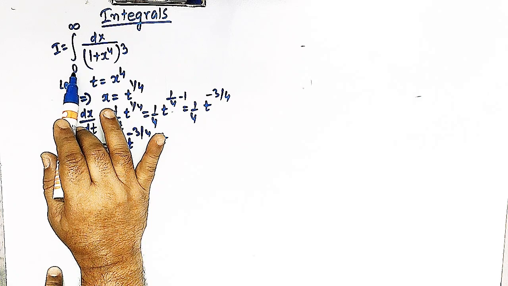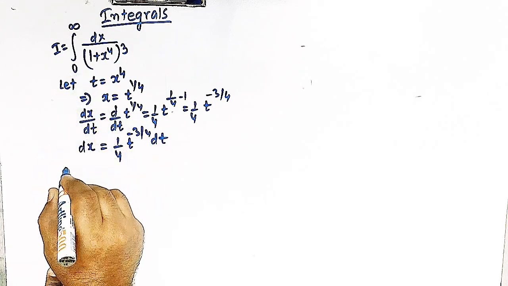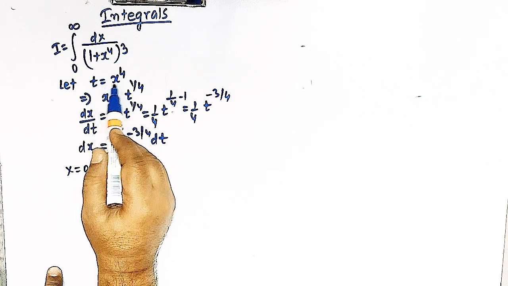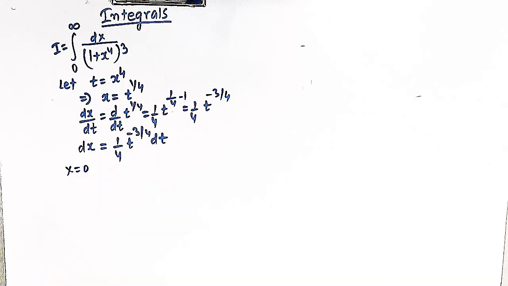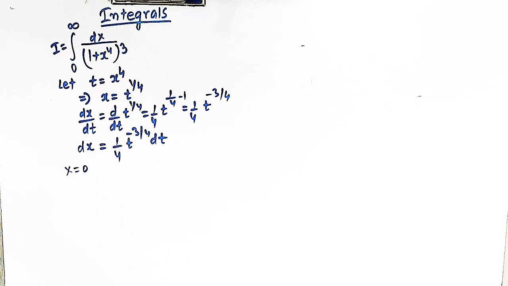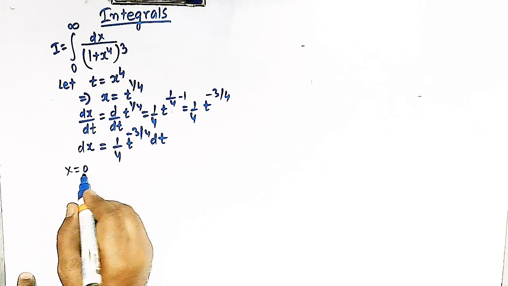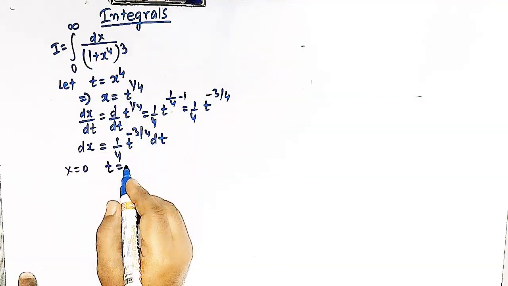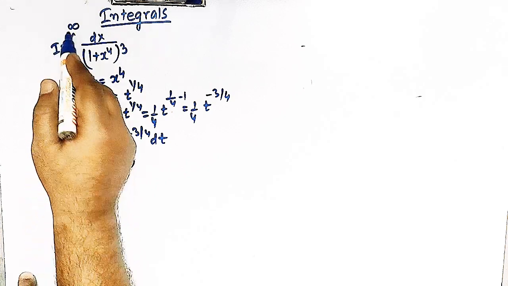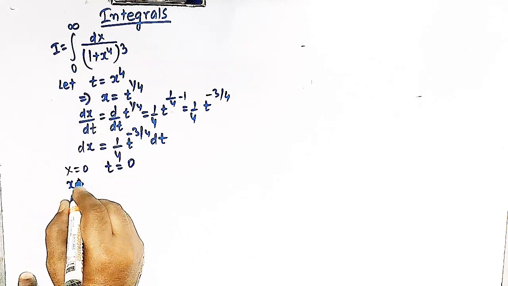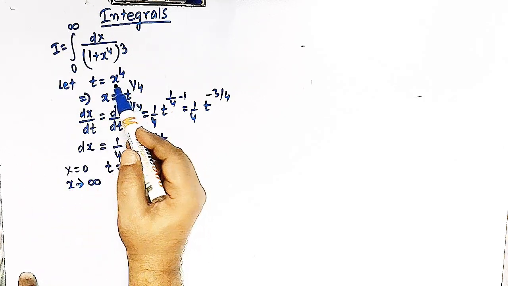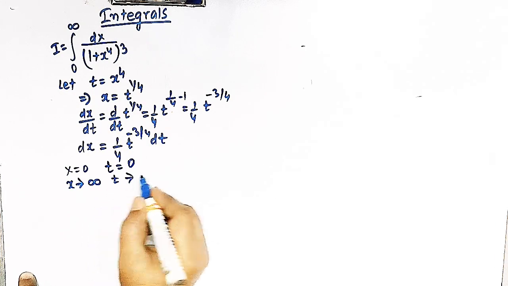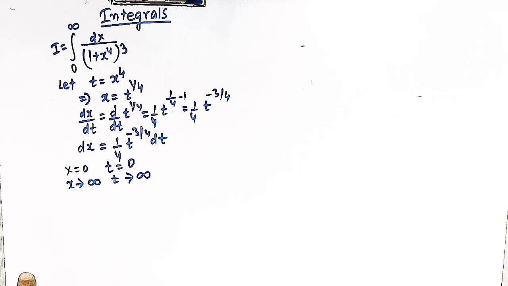So now let us change the limits accordingly. So here the lower limit is 0. So when x is equal to 0, the value of t can be obtained from this relation. So now when x is equal to 0, the value of t is also equal to 0, and when x tends to infinity, then from this relation we can see that t also approaches infinity, right?